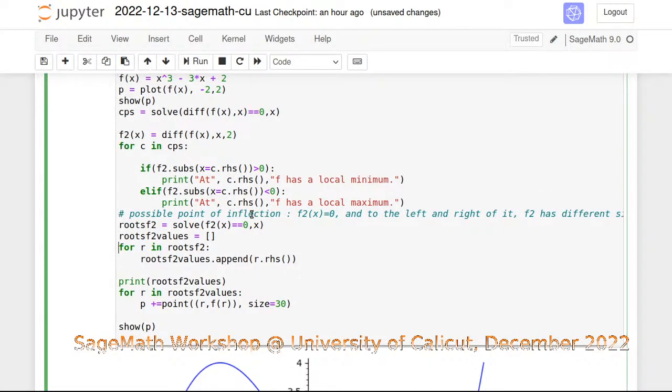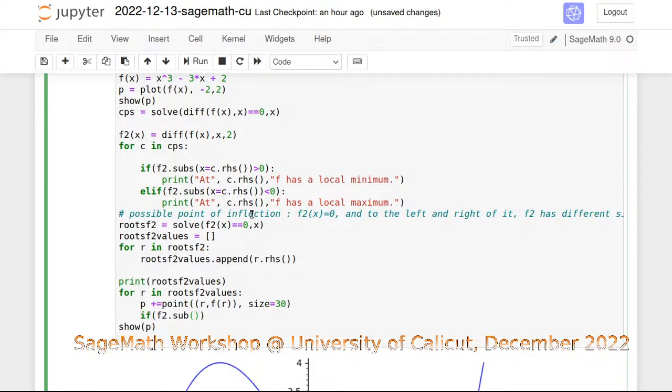So we need to check if we have, to the left and right of this point, different signs. To the left and right, essentially what we can do is take some small epsilon once again.